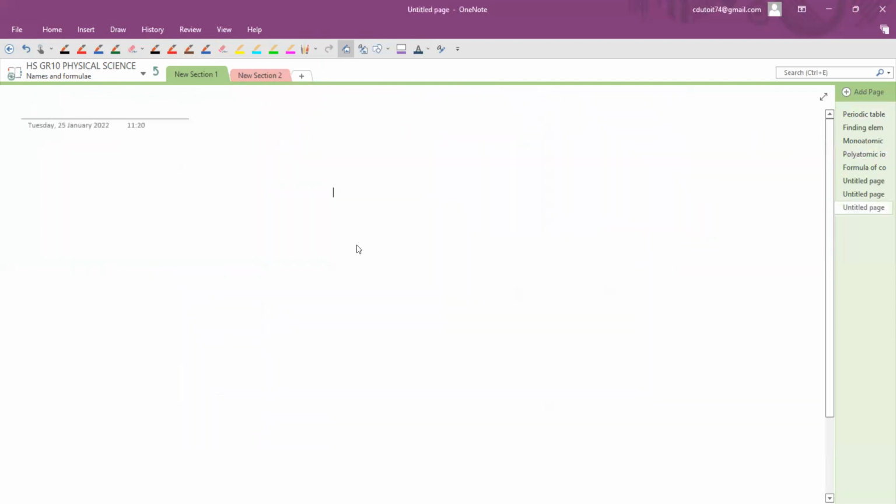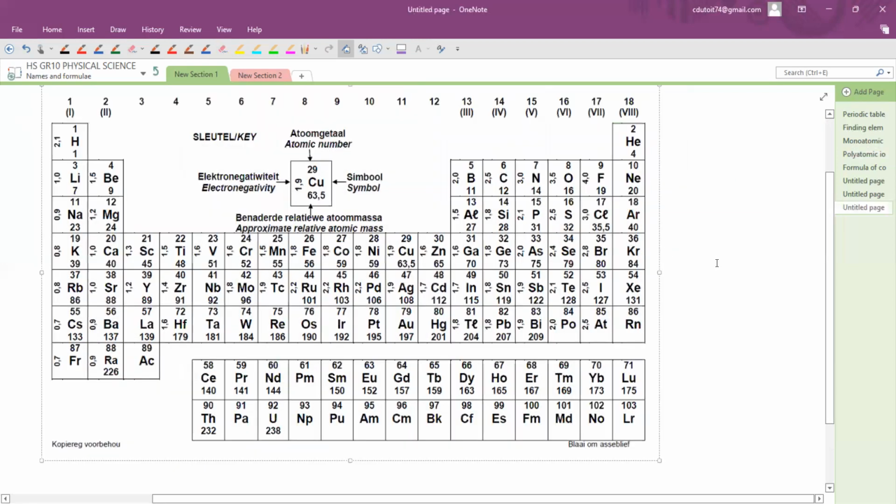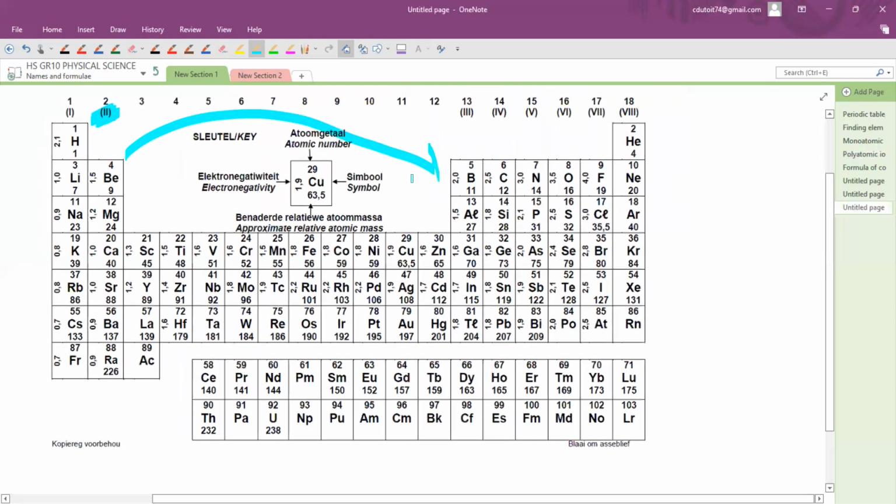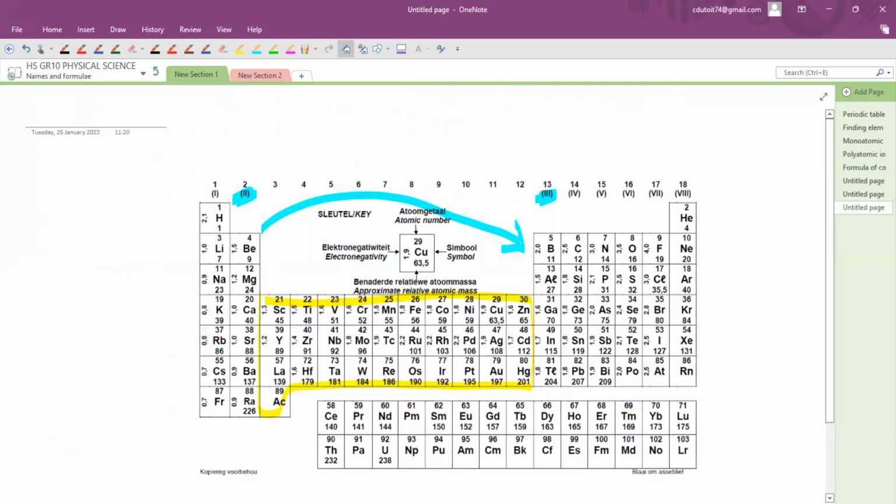Now look at this. These are called transition metals. If you look at these group numbers here, there's a group 2, and then there's a big jump to group 3. All these metals here are called transition metals. We don't know what their charges are.